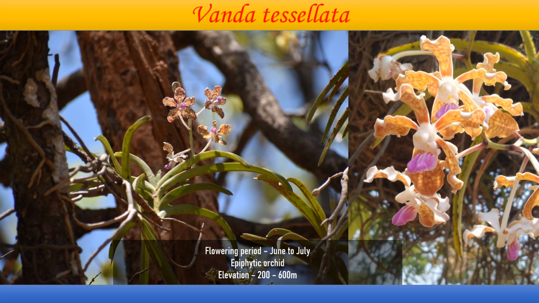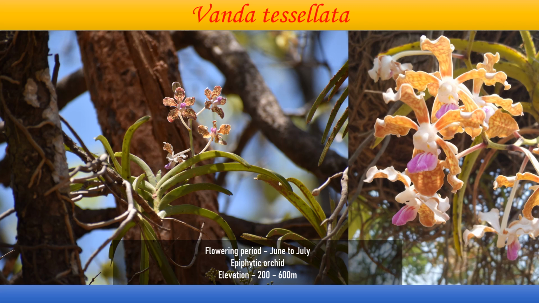So at this elevation you can find this particular Vanda species, and in 2-3 months, or you can say many more months after June, July, then August also, sometimes the flowering will be there. So it has a very long lasting flowering period.